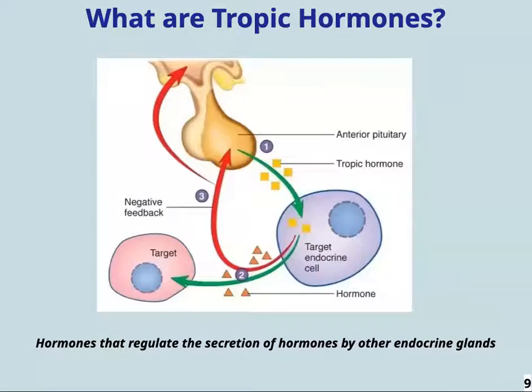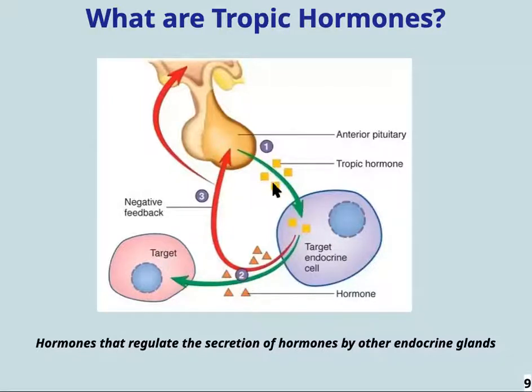The concept is illustrated in this figure over here. We say that this is the anterior pituitary. It secretes a hormone which, when bound to the target organ, causes the target organ to secrete another hormone.